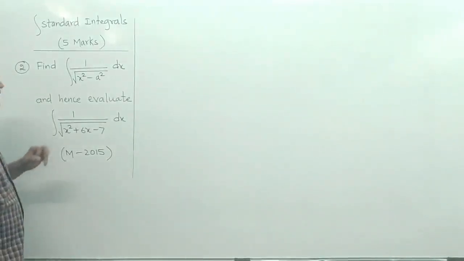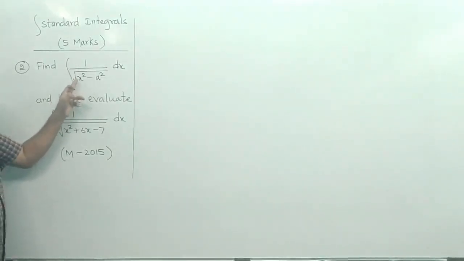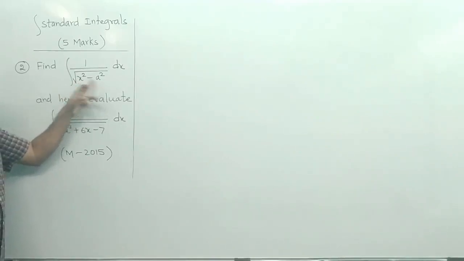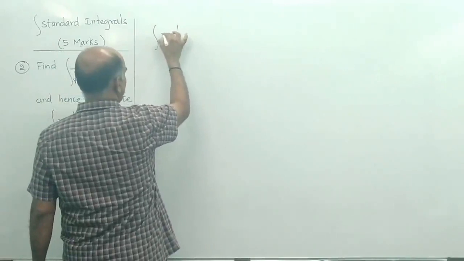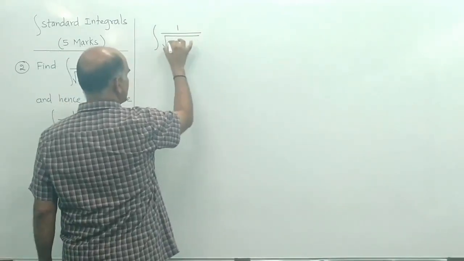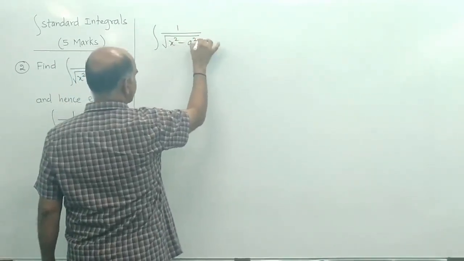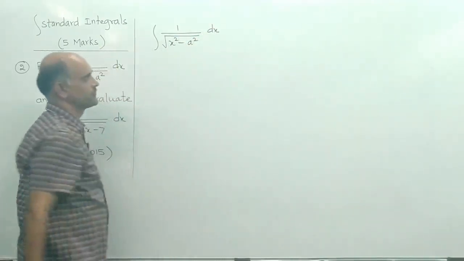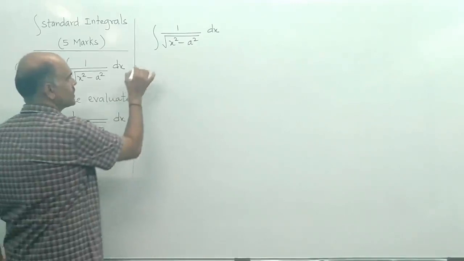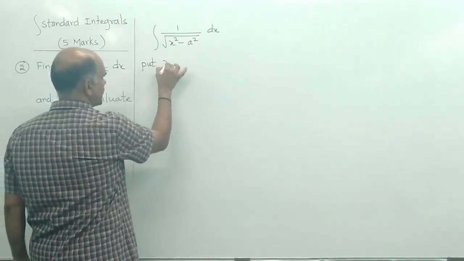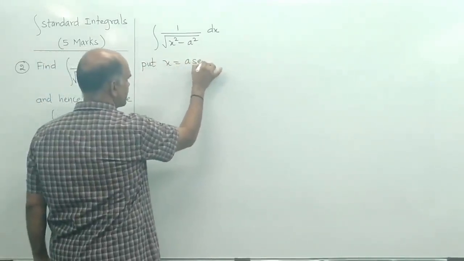Now the second one. In the second, the integration is 1 by root of x square minus a square. So integration of 1 by root of x square minus a square dx. If it is x square minus a square, put x is equal to a secant theta.